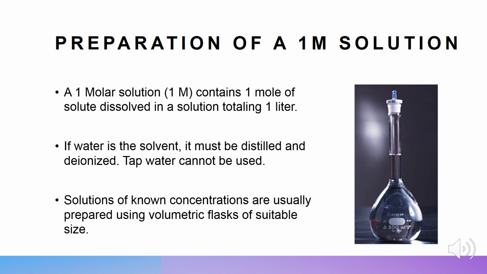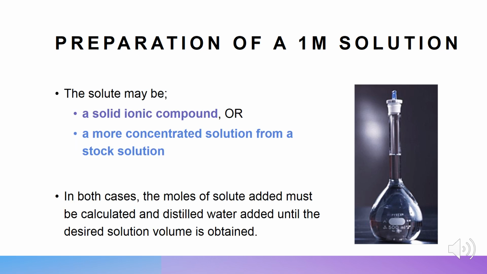The molar solution can be prepared using a volumetric flask with a specific volume. There are 2 types of solute used in the preparation of molar solution, which are a solid ionic compound, for example just now solid sodium chloride, or a more concentrated solution from a stock solution or original solution.